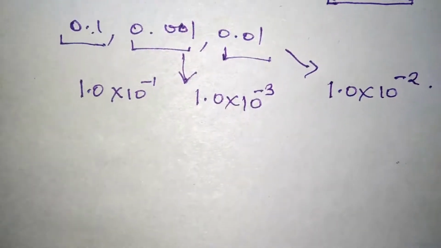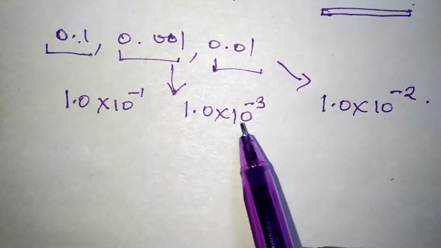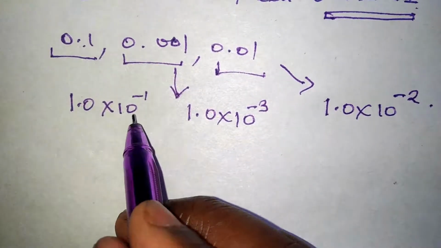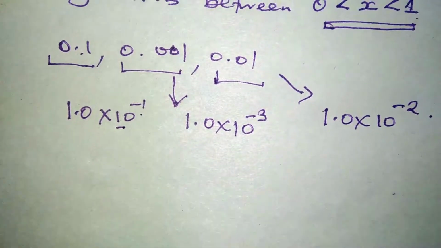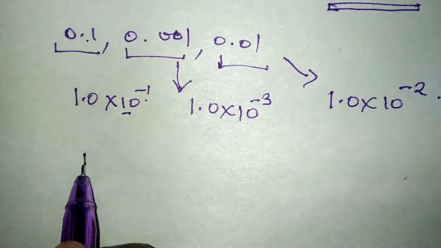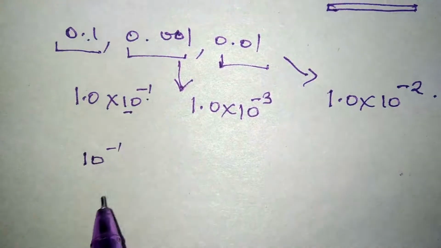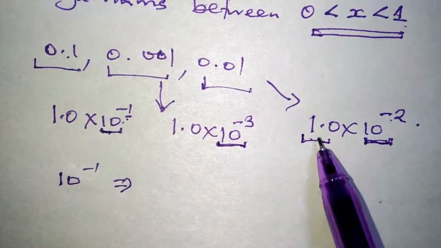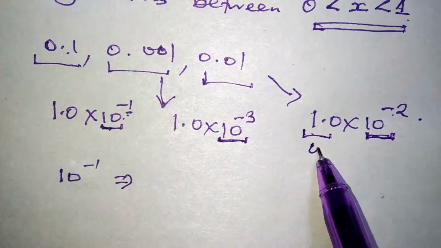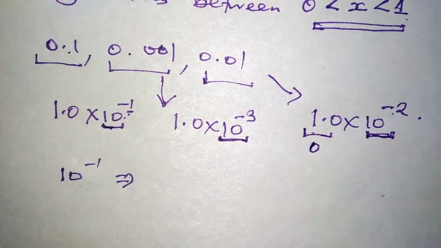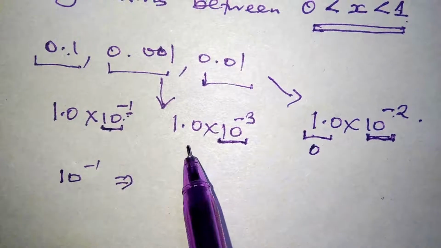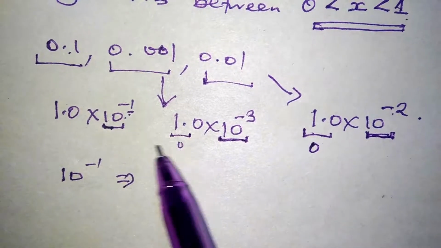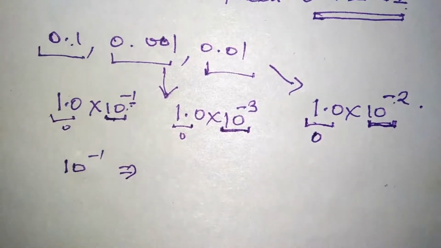Now, if you look at this, you will see that 10 raised to negative 1 can be written in log form already. Now, again, we already know that the logarithm of 1 is actually 0. And the logarithm of 1 in this case is also 0, and that is also 0.